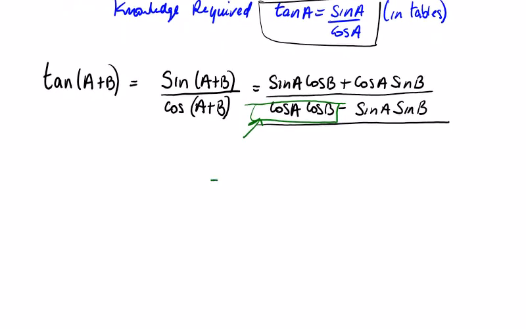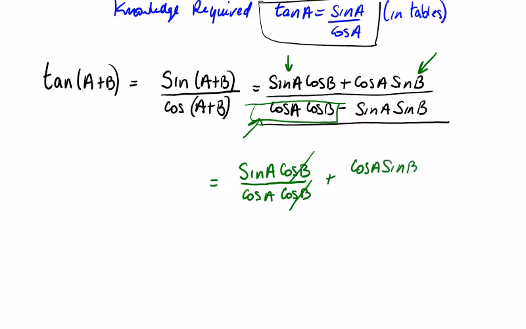So I'm going to divide sine A, this top term here, sine A cos B. I'm dividing by the one underneath it, cos A cos B. You can see what's going to start happening here. They cancel. Plus this cos A sine B over, I'm again dividing by cos A cos B. I'm dividing each term by the same thing.